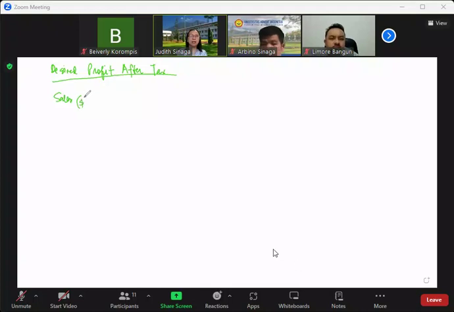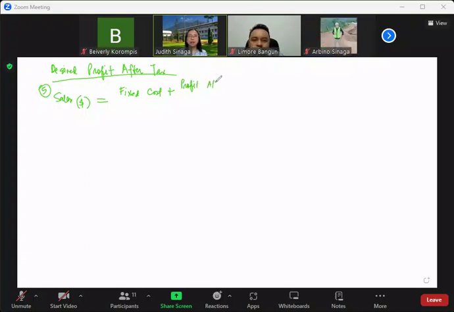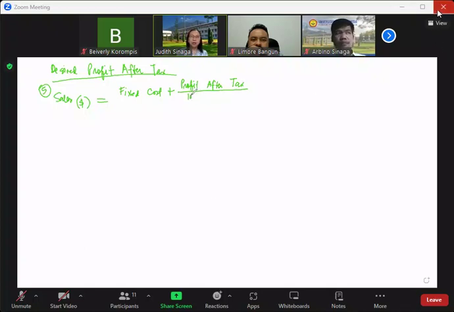Sales in dollars. How are you going to compute? So this is another one. So this is the fifth formula. Yeah. So you have a fixed cost. Selalu ada fixed cost. Ditambah. Nah, ini ditambah ya. Profit after tax. Oke. Namun di sini ada, di bawahnya, ada 100% dan dikurangin tax rate.